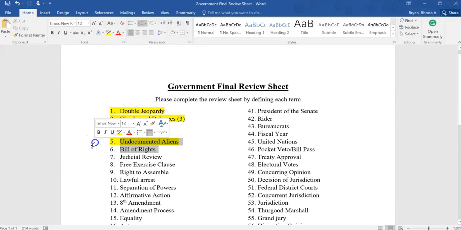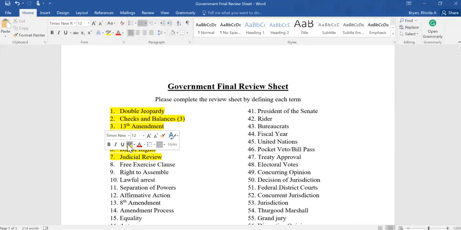Bill of Rights. The basic constitutional rights of the people are outlined in the Bill of Rights. That's what the question stands for. It's pretty straightforward. It's our basic constitutional rights. Judicial review. There's another question that deals with Marbury versus Madison, and that's where it came from.